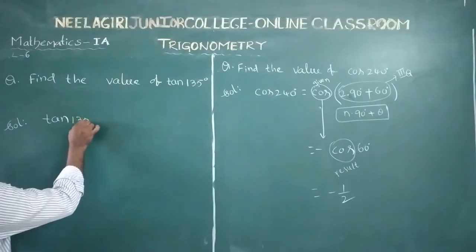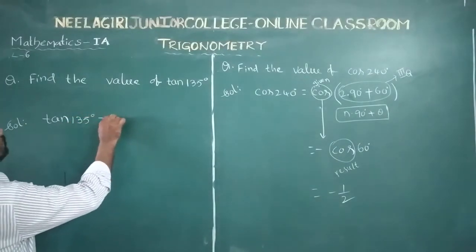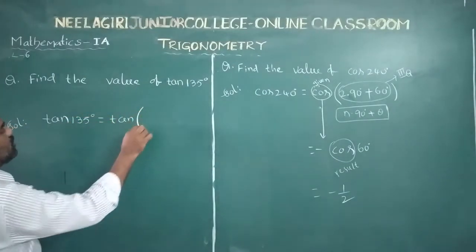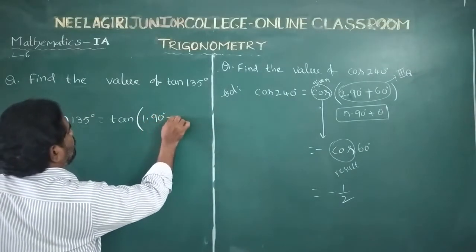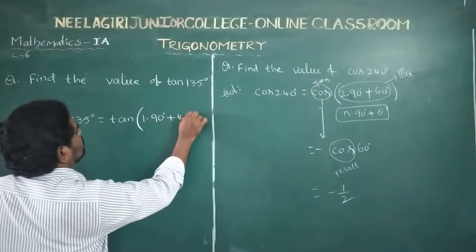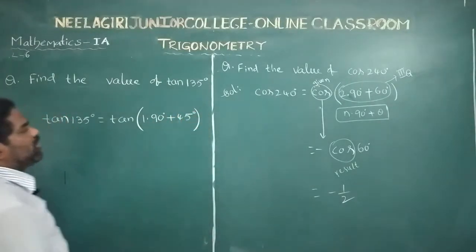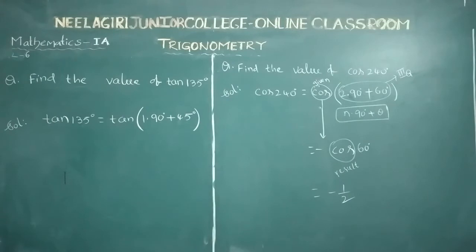Tan 135 degrees equals tan of 1 into 90 plus 45 degrees.